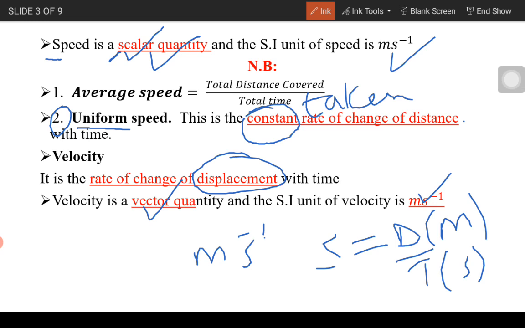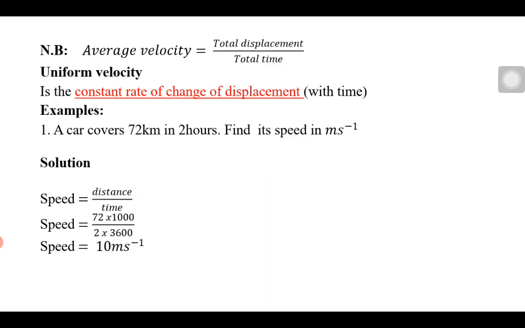You only must note that speed is scalar, only magnitude, while velocity is vector, has both magnitude and direction. Are we fine up to this point? I suppose that we are moving on and still following. Okay, we can go to the next slide.